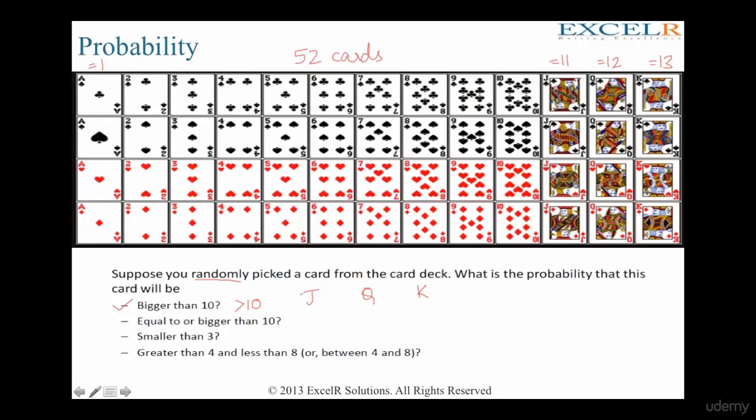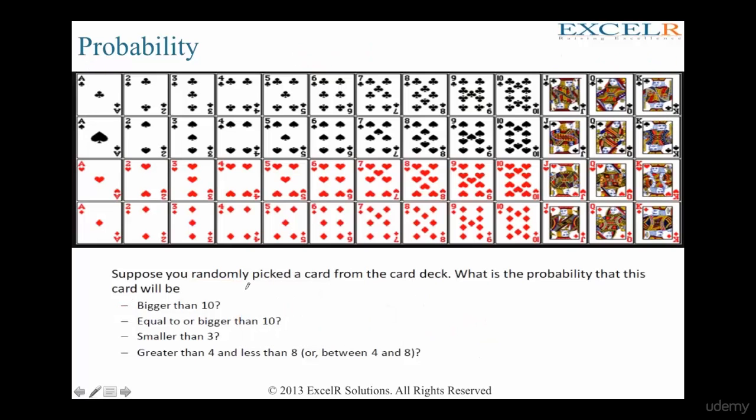You have a club, a spade, a heart, and a diamond. So you have 4 cards which are J, 4 cards which are Q, and 4 cards which are K. So the total number of events that you are interested in is 12, divided by the total number of cards, 52. This is the probability that you would get a number which is bigger than 10.